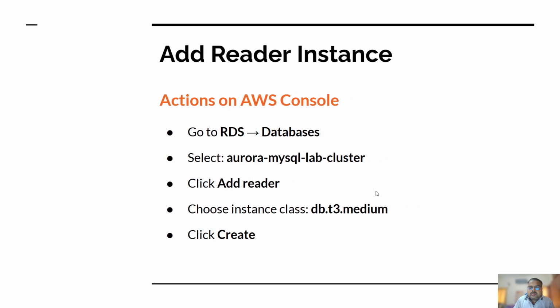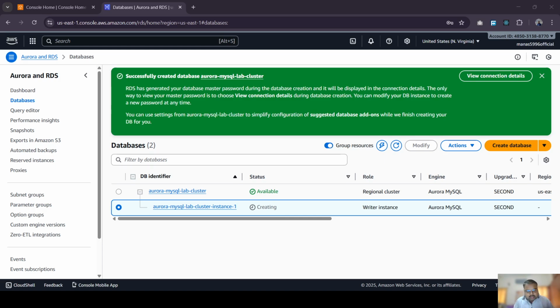So we are going to add the reader instances in the cluster when the cluster is available. Let's go to the AWS console and see. Still it is in creating state. Just refresh this page. Till it is in creating, we need to wait for at least some more time to be it in the available state.